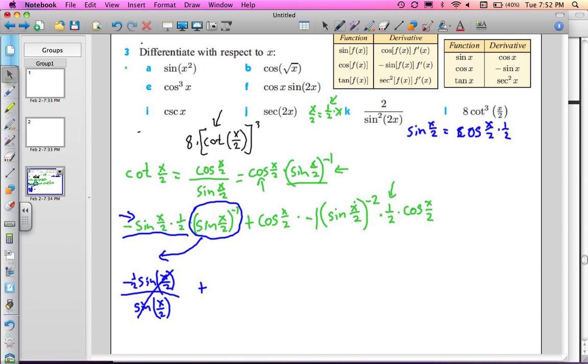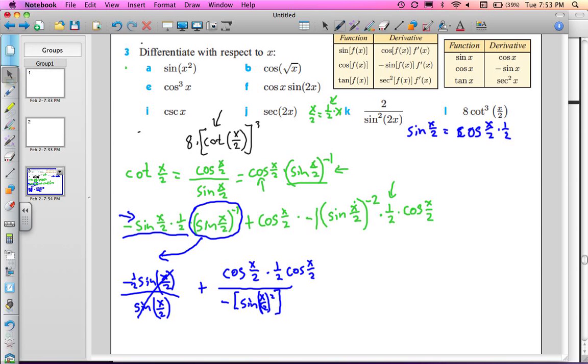So cosine of x over 2 divided by negative sine of x over 2, squared, and then remember it was times 1/2 cosine of x over 2.